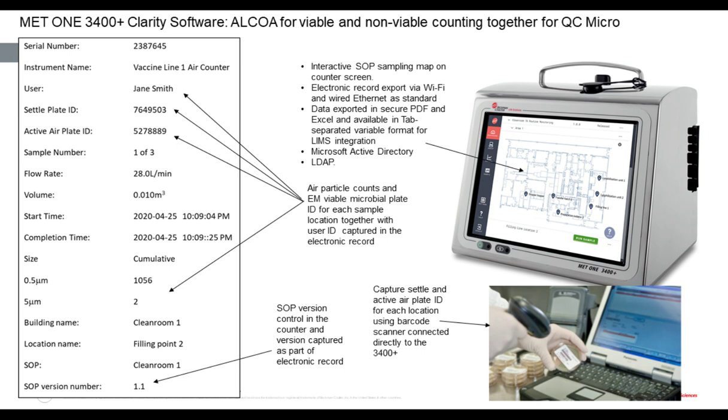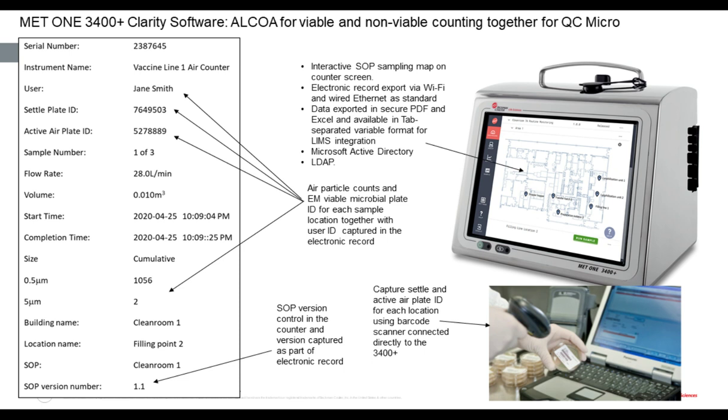SOP version control is done in the counter itself, and the name of the SOP that's been used on the day, plus the version number, appears inside the electronic record, so you have high traceability. Now, the counter can work with a USB barcode scanner, and it can scan the microbial plates used at each location, so they then appear in the electronic record as well.